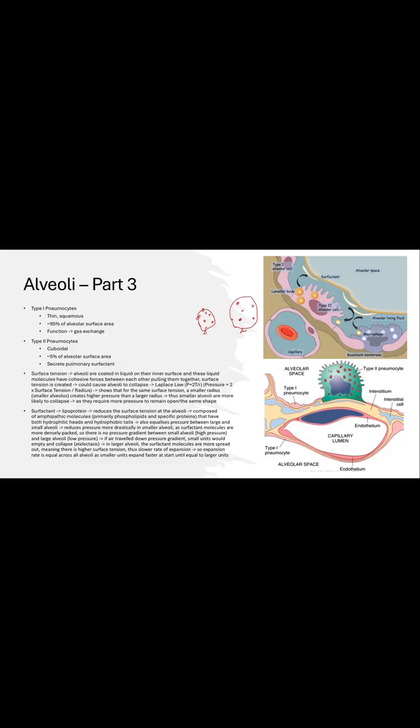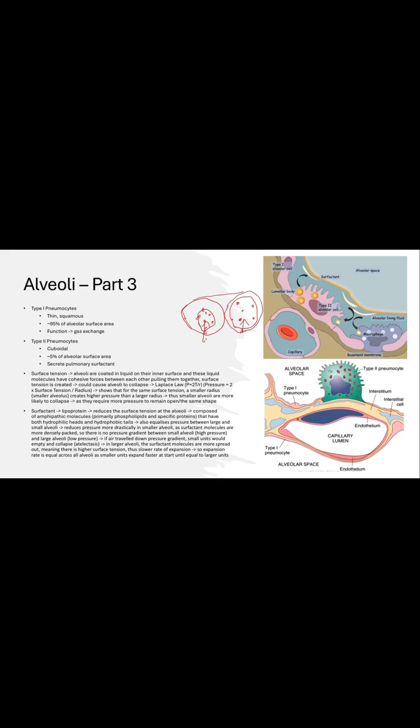This means that when the air initially fills the alveoli, they expand at a much faster rate because there's no surface tension preventing them from expanding. And the large alveoli have more surface tension, so they expand at a slower rate.